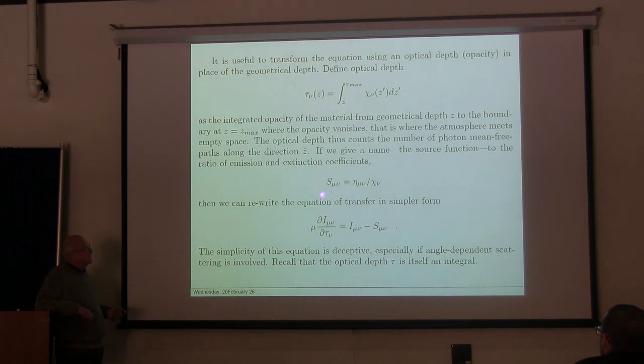There's also a thing that people who do formal radiative transfer refer to as the source function, which is the ratio of the emission coefficient to the extinction coefficient. And so the equation of radiative transport, that is how intensity grows or diminishes through the column of gas, can be rewritten in terms of this dimensionless optical depth in this form.